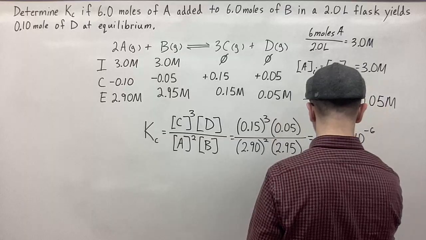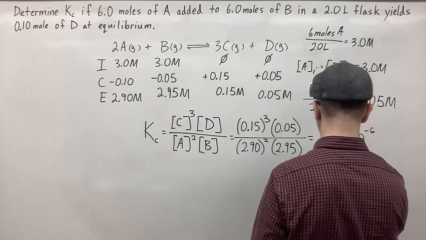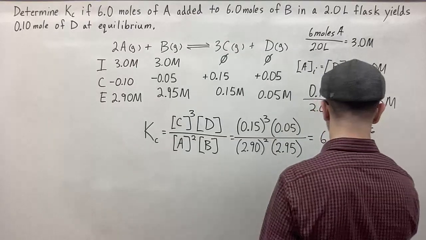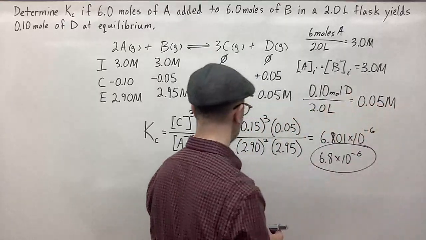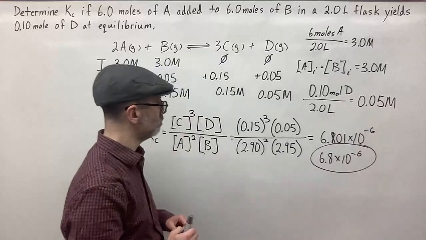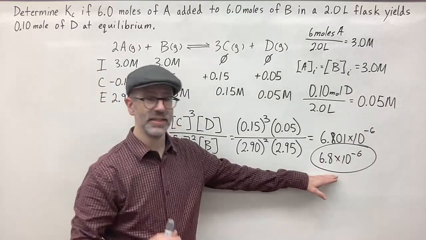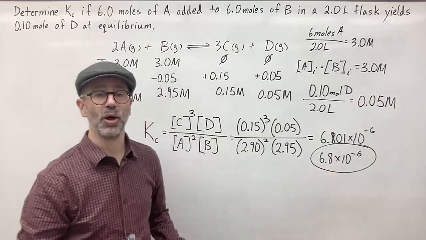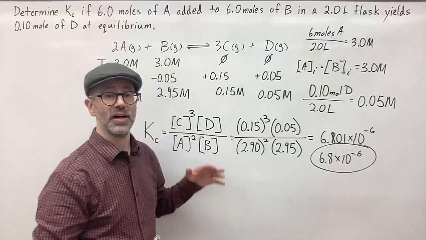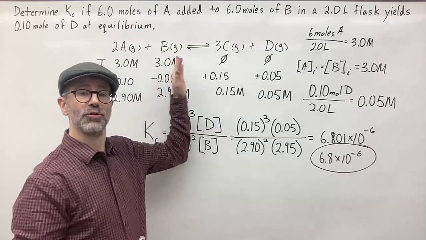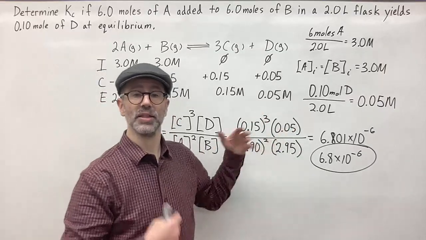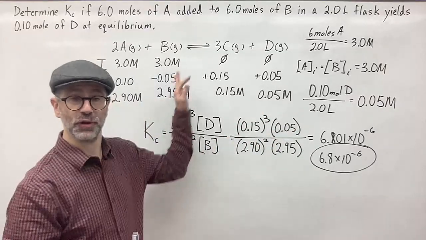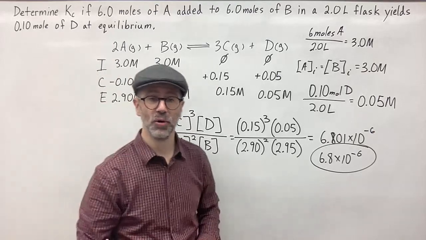So that would be 6.8 times 10 to the -6 for my K value. And that is how you solve this sort of problem when you're given the starting amount of your reactants, but you're given one of the product amounts that was created, and so you can fill in your ICE table accordingly.